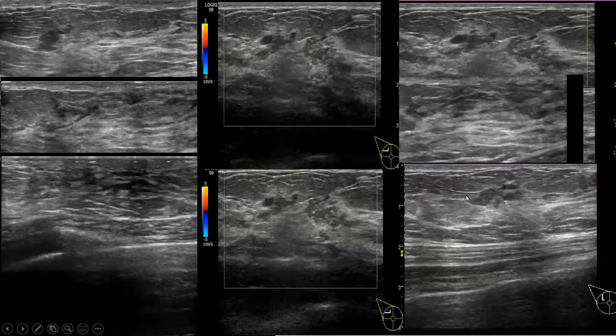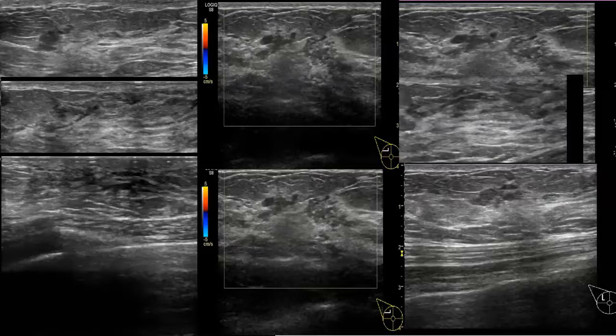Different angle for the same area, so just the area of architectural distortion. And here this is with dilated ducts. This is the area in the upper, about 11 o'clock. Associated also here, the microcalcification is appreciated within it. So it's for biopsy. Yes, it is an infiltrative hypoechoic process.